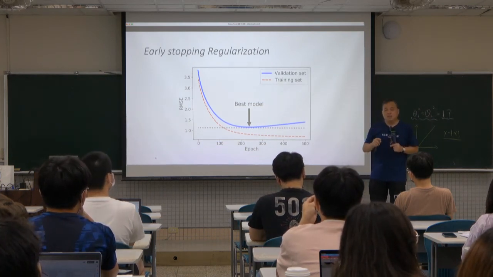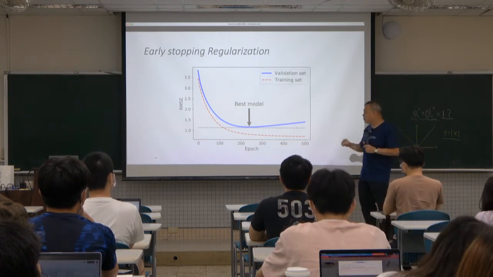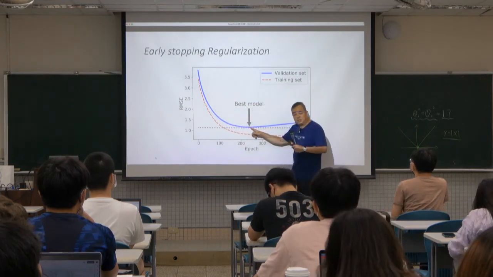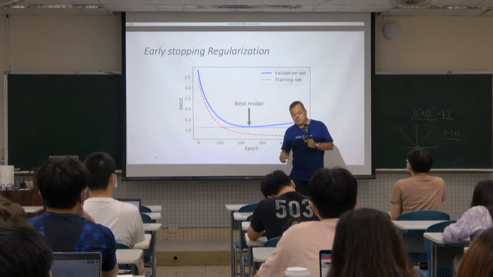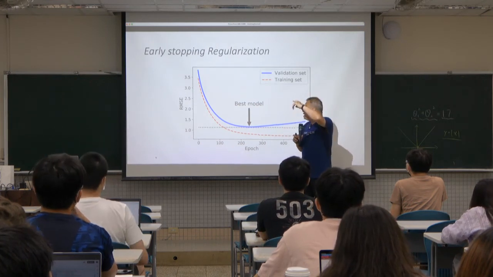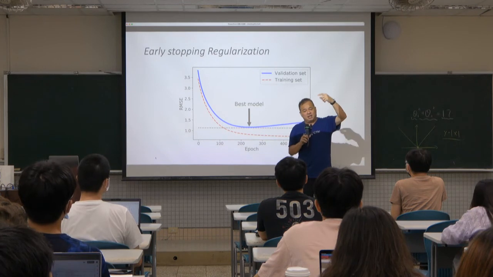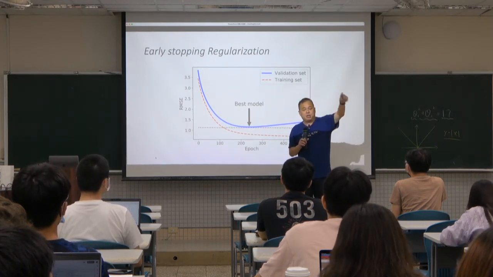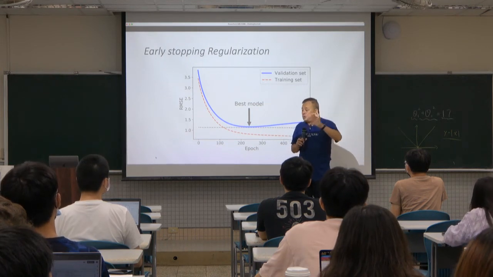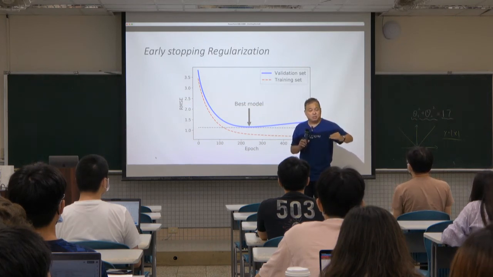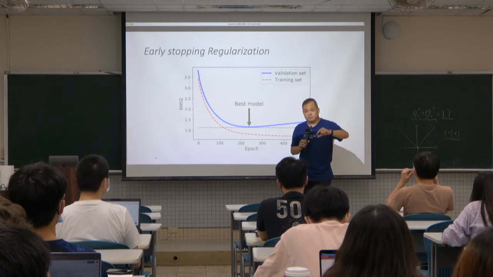So the early stopping concept is very simple. It just records the validation error. In the early stopping approach, basically after the training of one iteration, you first save this model, because it may be the best one, and measure the validation error.